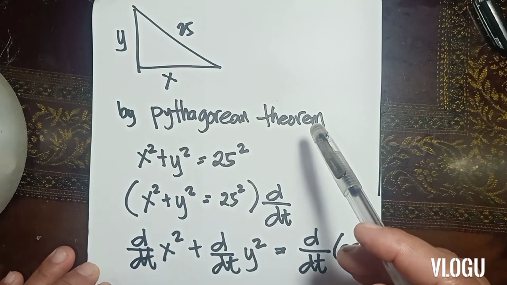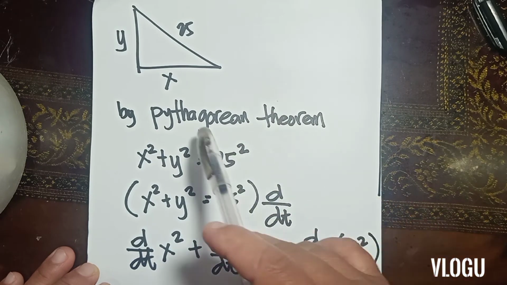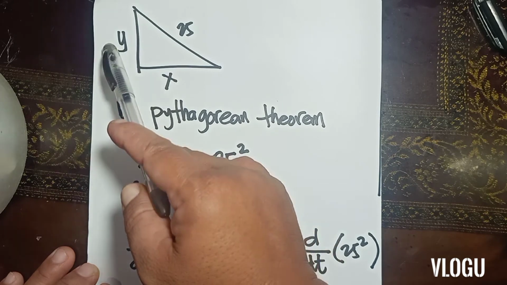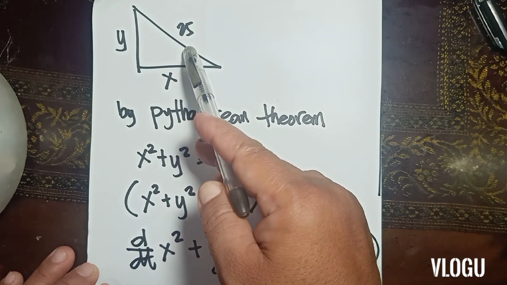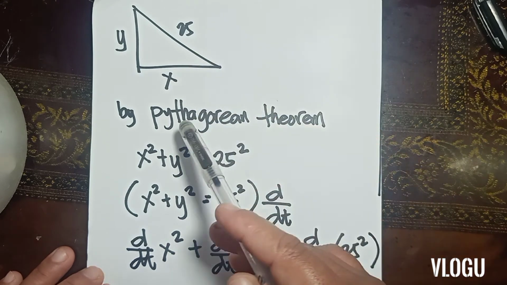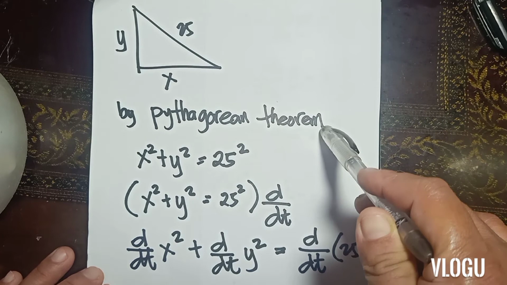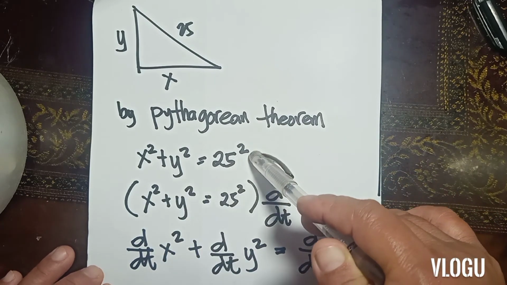Because of that, we are going to use the Pythagorean theorem. So we have x, y, and our diagonal, that is 25 feet. By the Pythagorean theorem, we have x squared plus y squared is equal to 25 squared.